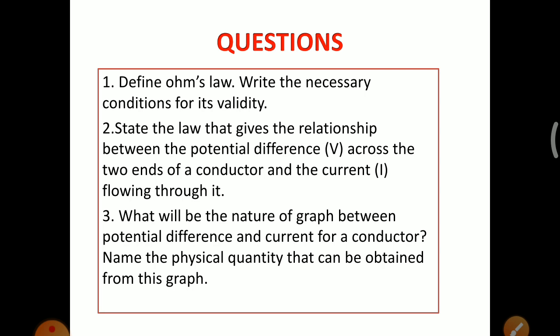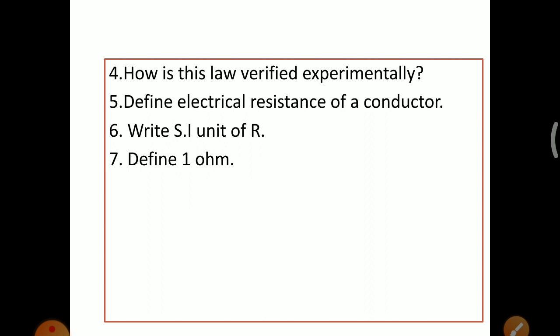Name the physical quantity that can be obtained from this graph. The fourth question: how is this law verified experimentally? The fifth question: define electrical resistance of a conductor. The sixth question: write the SI unit of R. The seventh question: define 1 ohm.